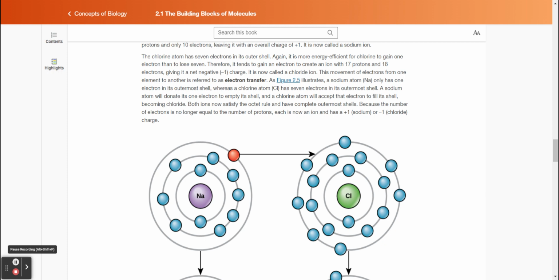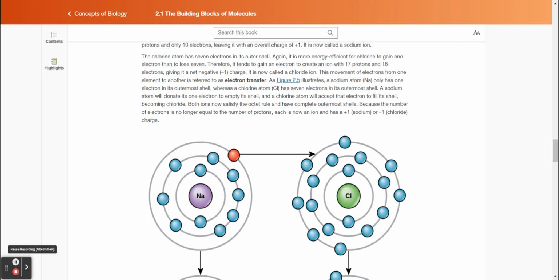As figure 2.5 illustrates, a sodium atom only has 1 electron in its outermost shell, whereas a chlorine atom has 7 electrons in its outermost shell. A sodium atom will donate its 1 electron to empty its shell, and a chlorine atom will accept that electron to fill its shell, becoming chloride. Both ions now satisfy the octet rule and have complete outermost shells.